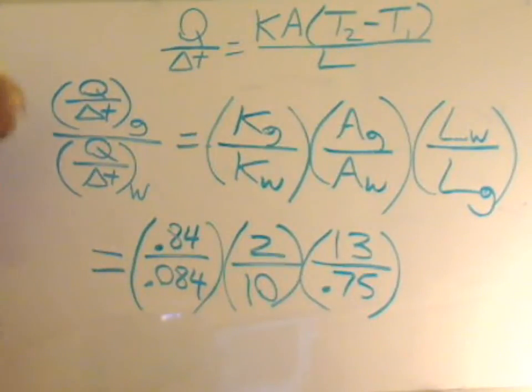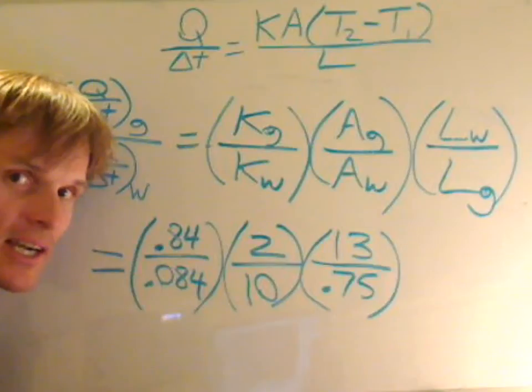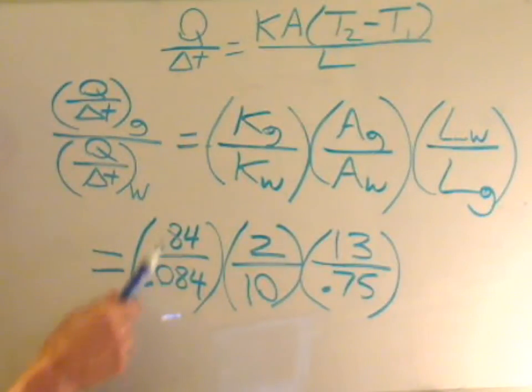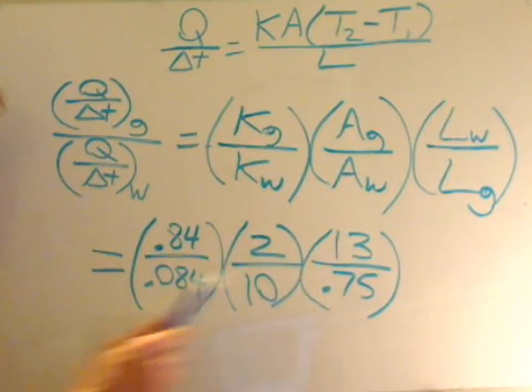So the glass has two things going for it that make it transfer heat much more effectively. It has a larger value of the conductivity, 10 times larger, and the thickness is considerably thinner for the glass. So that means it's going to transfer heat a lot more effectively. The areas, well, the wall has a larger area than the glass, so that's going to work in the wall's favor for transmitting heat.